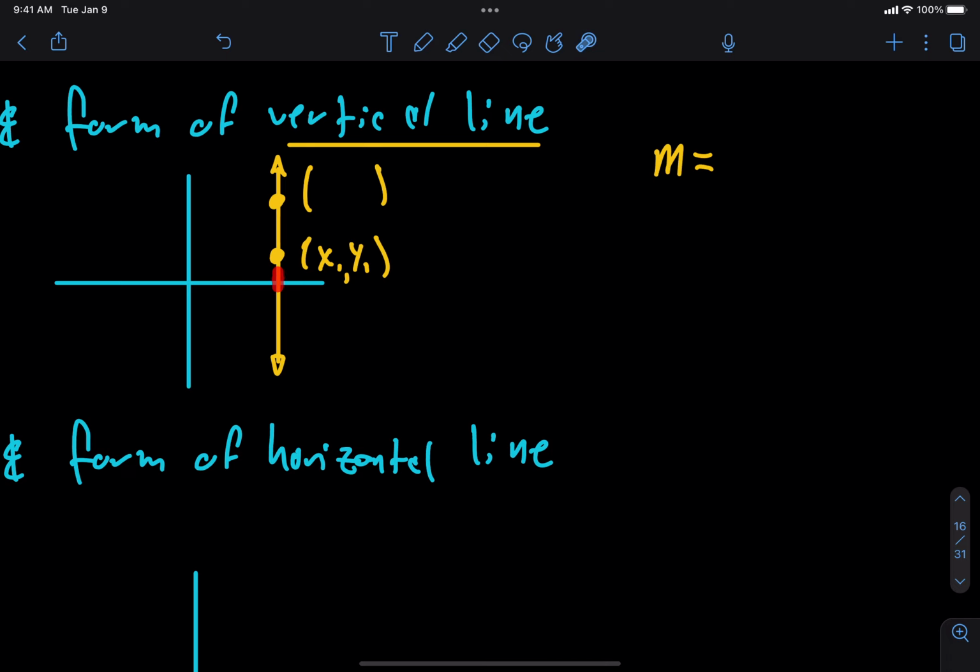The x value of these 2 points is the same. Do you agree with me? Because we go this much to the right and then this much up, or for the other one we go the same amount to the right and a little bit more up. So the y values are different, so I'm going to do y2, but I'm going to put x1 here again, okay, because it's the same x value for both of them.